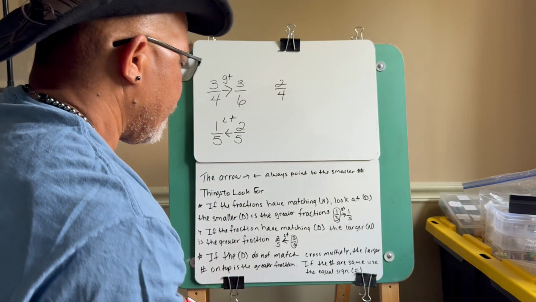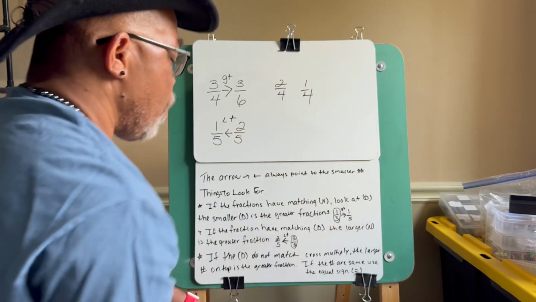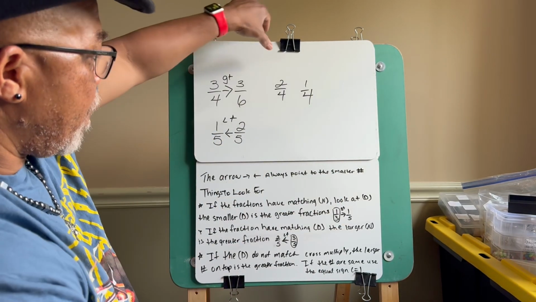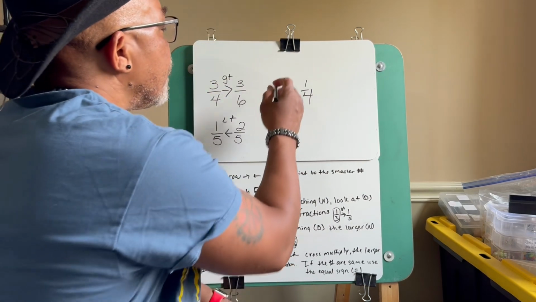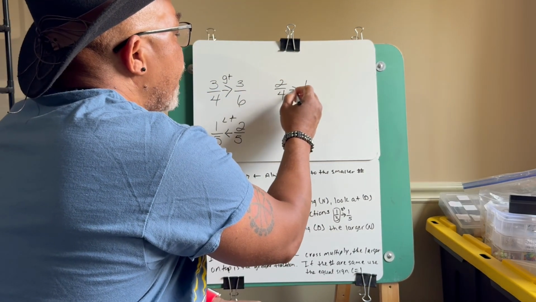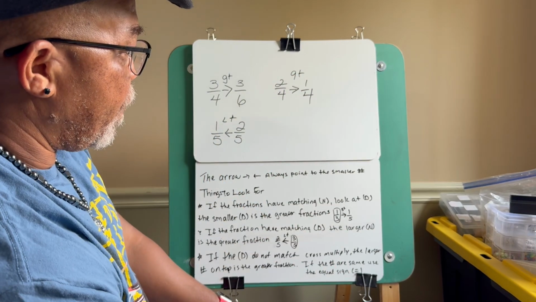If the fractions have matching denominators, 2/4 and 1/4. The larger the numerator, the larger the fraction. So 2/4 is greater than 1/4.